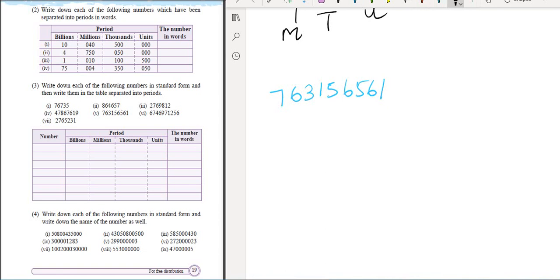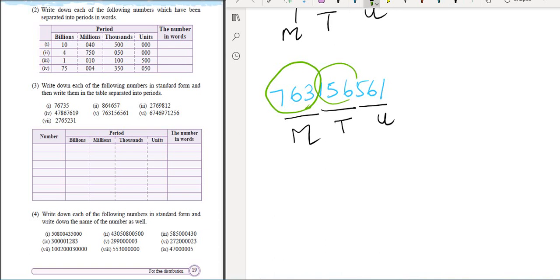Okay. 3 unit period, 1000 period and million period. So 763,156,561. Okay.